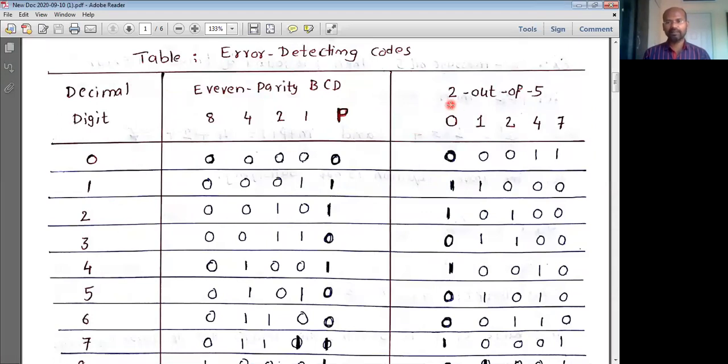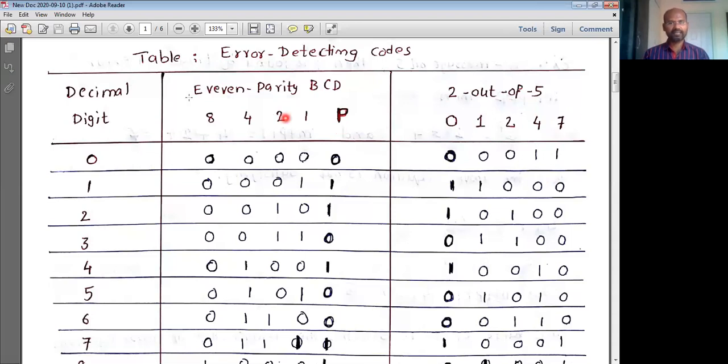The other one is the 2 out of 5 code, which is also an error detecting code. These two codes, and many other error detecting codes, only detect the error. They cannot correct the error in the transmission process.